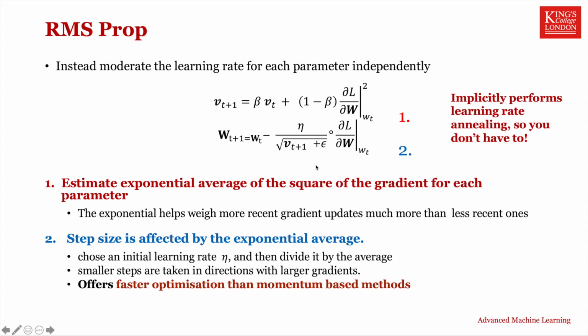Accordingly, this expression here returns an array containing learning rate updates for each parameter separately. So this can be used to adjust the gradients for each parameter through element-wise multiplication. The end result is then that smaller steps will be taken in directions with larger gradients.